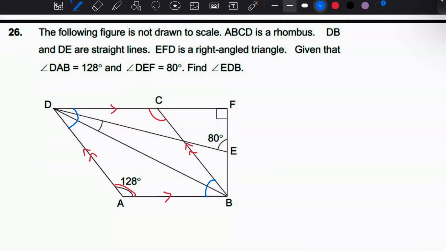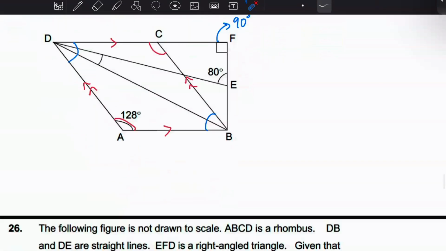So right angles are 90 degrees, right? Given that angle DAB is equals to 122 degrees, okay, and angle DEF is here, which is 80 degrees, find angle EDB. Okay, let's get into it.